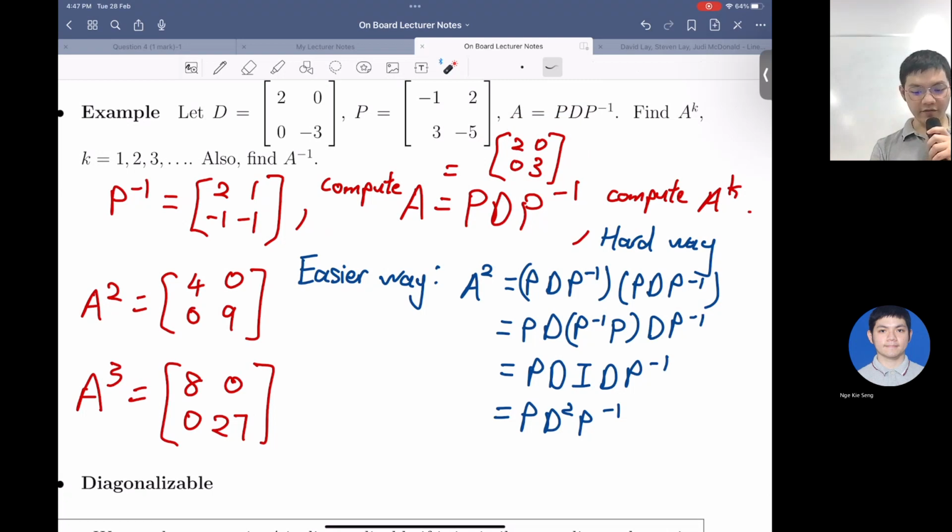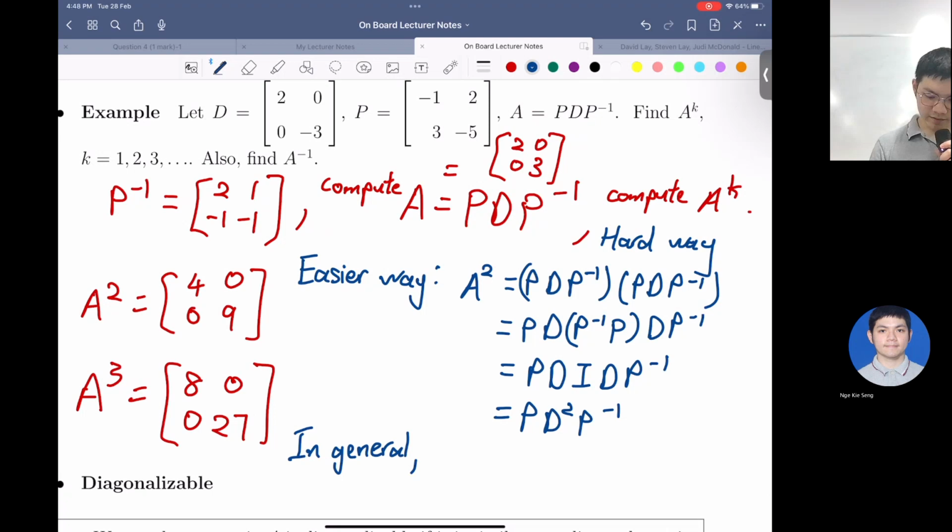Does everyone have the same A? So if this is not diagonal, then this will be an easier way. You can take P times the power of the diagonal and then multiply by P inverse to get the power of A. So in general, A to the K equals P D to the power K P inverse.